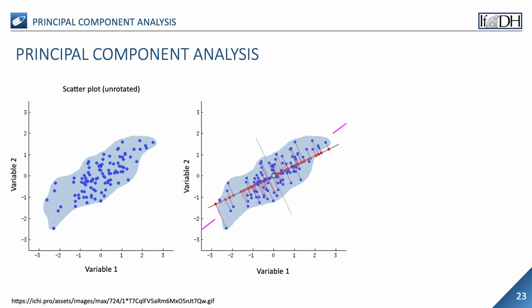We have imagined this data as a point cloud in a multidimensional space. We now determine a straight line that best approximates this point cloud. The distance of the individual points to the straight line is described as variance. This straight line forms the first principal component. Then we look for a second straight line that is perpendicular to the first and minimizes the variance as much as possible.